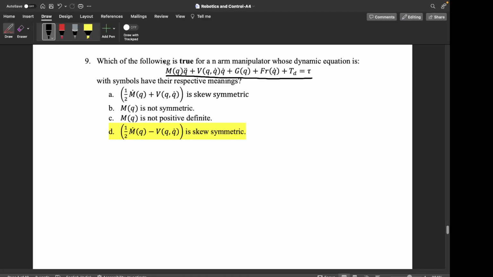So M(q) is the joint space inertia matrix, V is the Coriolis and centrifugal force matrix, G is the gravity forces due to gravity, and yeah, I guess these two terms.